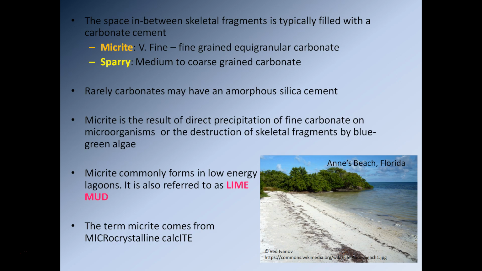The other way you can form micrite is if you have organisms that actually burrow into shells. So think of an oyster shell. I'm sure you guys have seen an oyster shell, and you know an oyster shell consists of layer after layer after layer of calcite. So when that oyster shell grows, between the layers, every once in a while, a little bit of organic material will get stuck.